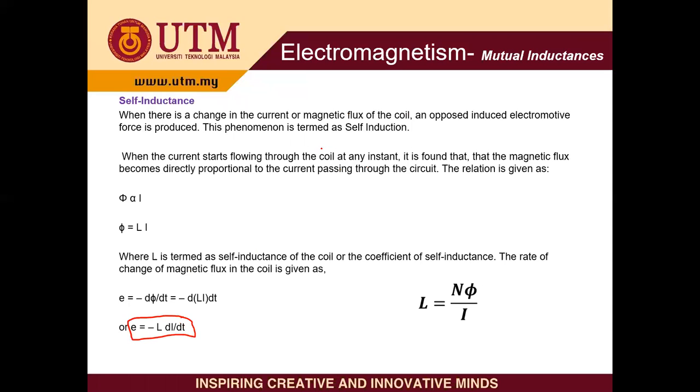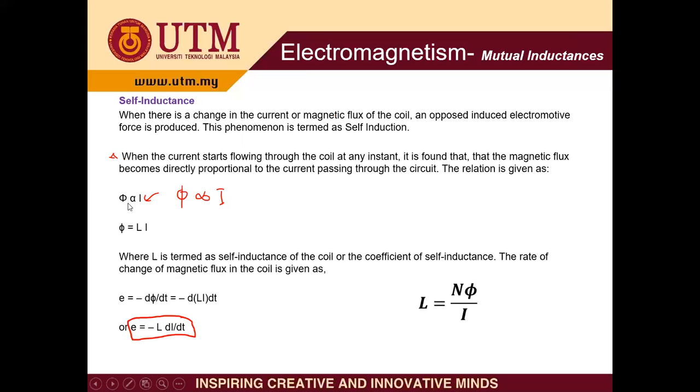So when there is a change in the current, it will produce what we call electromotive force, which is the voltage. And how is it derived? Based on this statement, when the current starts flowing through the coil at any instant, it is found that the magnetic flux becomes directly proportional to it. So referring to this equation, flux is proportional to the current.